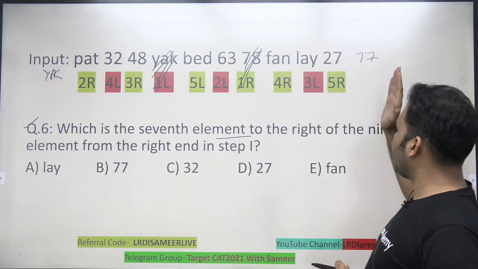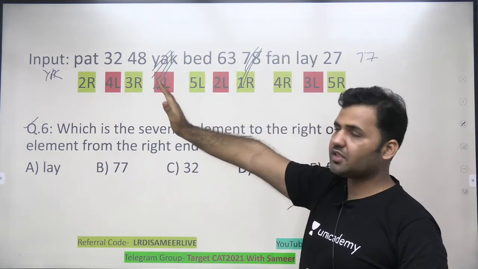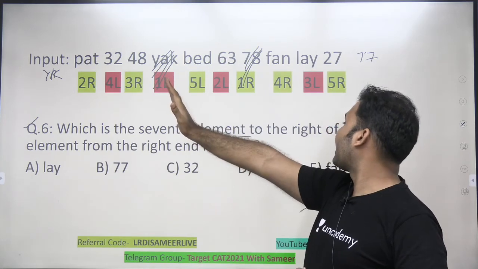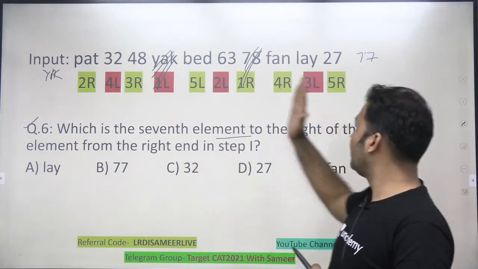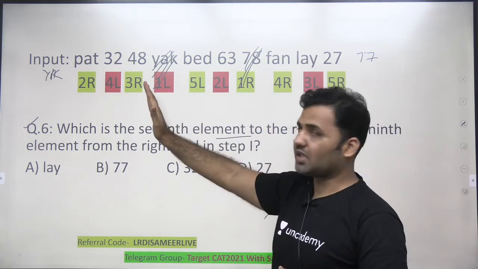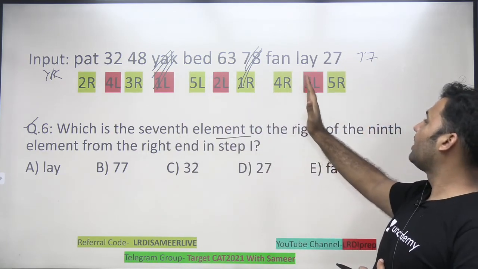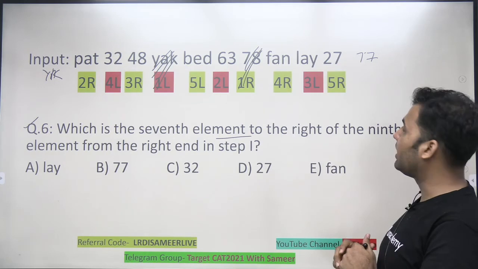So when I count 9 elements from the right hand, I'll move 9 steps in this direction. Then I'm supposed to find the 7th element to the right of this 9th element. So I'm moving 9 steps here, and then I'm moving 7 steps back. Finally, I'll reach a position which is second from the right hand side.